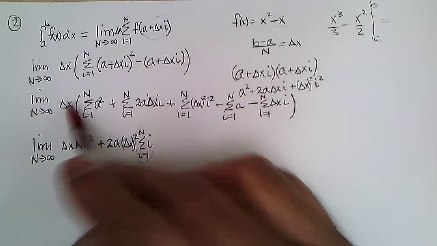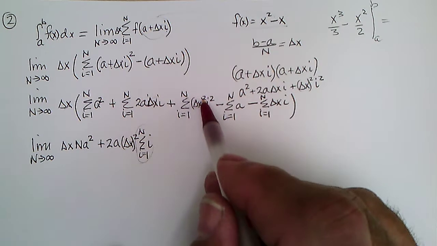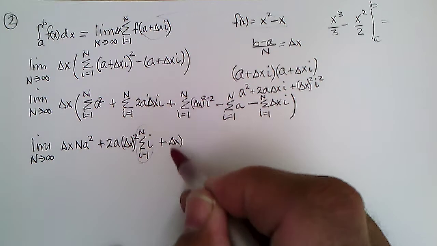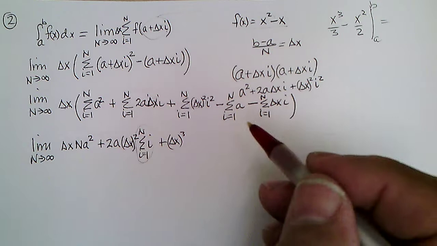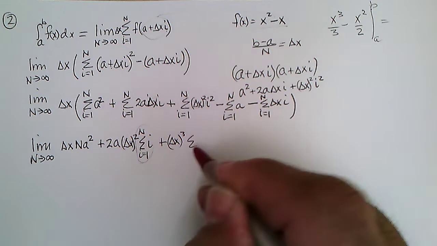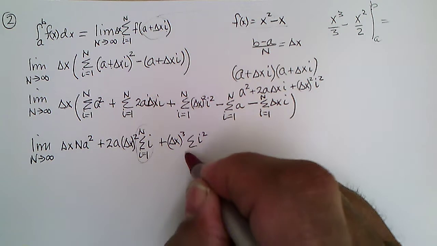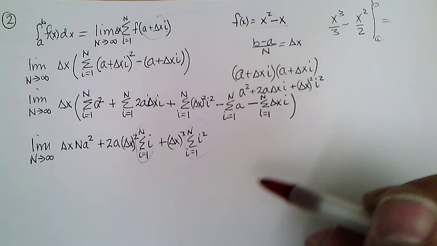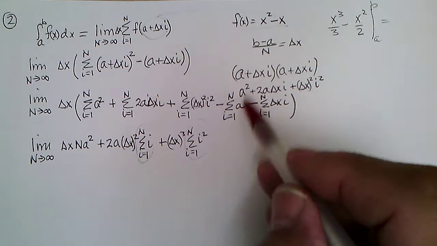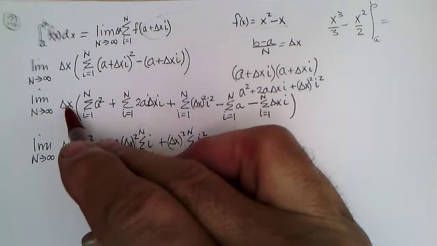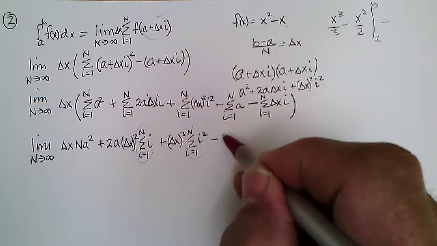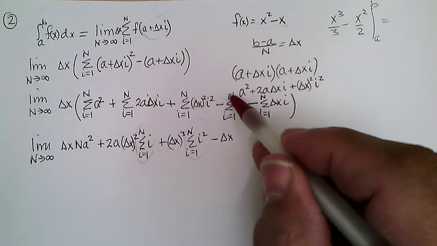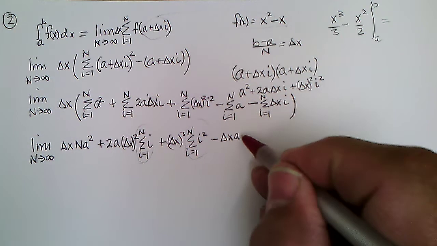Then we're going to have delta x times this, and this delta x squared will pull out, so we're going to have plus delta x cubed times the sum of i squared. And we have a formula for that. This is a constant, so we're going to have delta x minus delta x, sum of a n times, so that's a n.